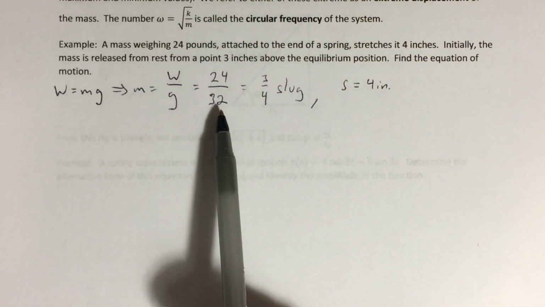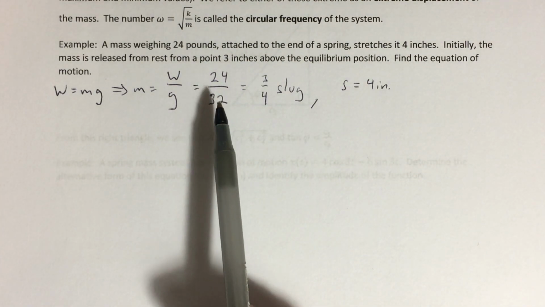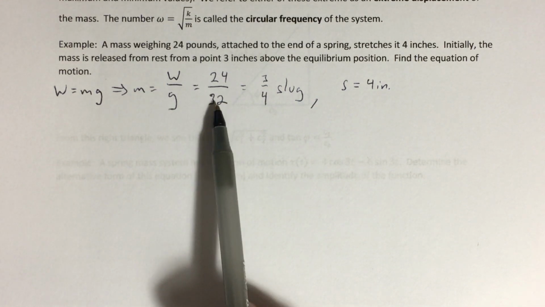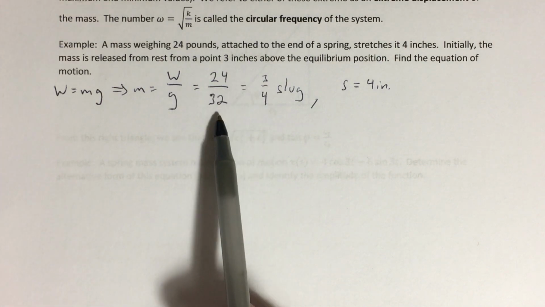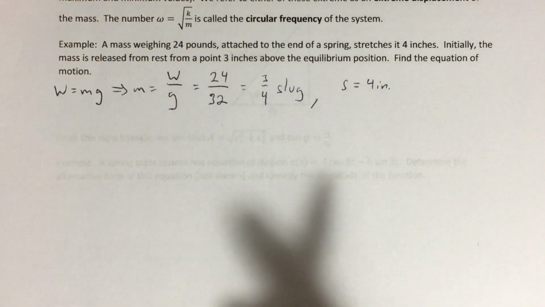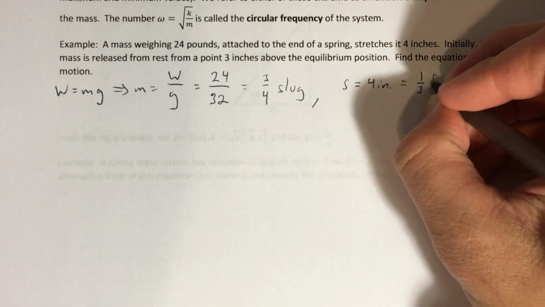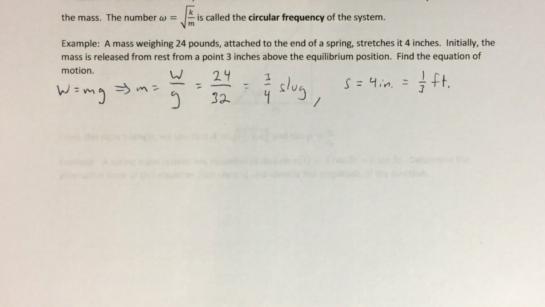However, even though I didn't write it here, remember that 32 is measured in feet per second squared. So we're already using a quantity in which the unit of distance is feet. I can't mix inches with that. I need everything to be in terms of feet now. So this is the same thing as 1/3 of a foot. We have to make that conversion for things to actually work.